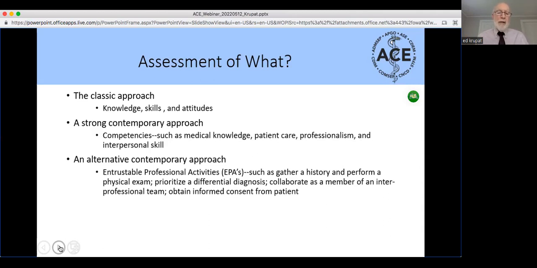but it's around these 6 competencies. Around 2014, a group of distinguished medical educators came out and said, you know, competencies are nice, but they're still a little bit too vague. They're still a little bit too non-specific.